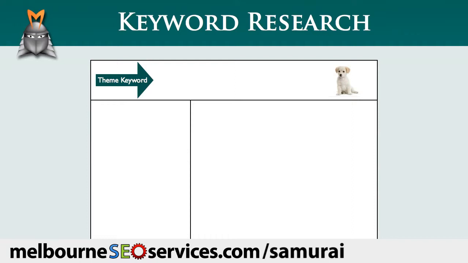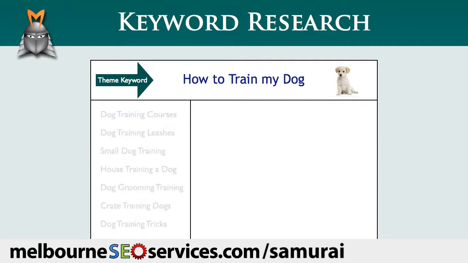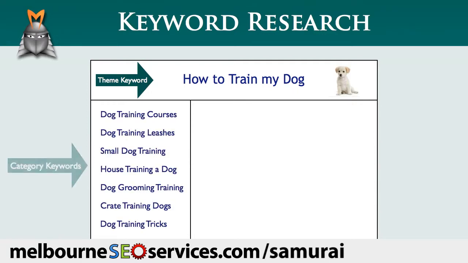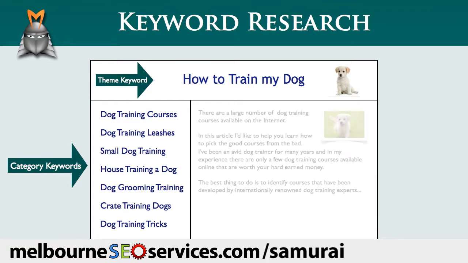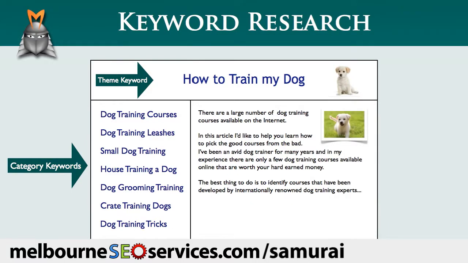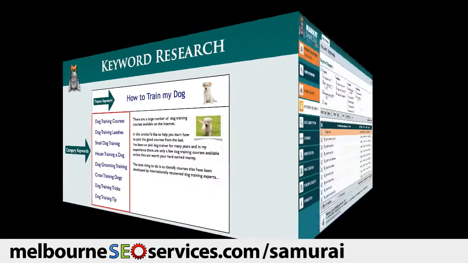Based on my data, I might choose how to train my dog as my main theme keyword, and then use my other keywords as category keywords as shown in this illustration. Within each of these categories, I would then write as many good quality articles as possible. The end result would be a content-rich website that specifically targets a set of thematically related keywords.